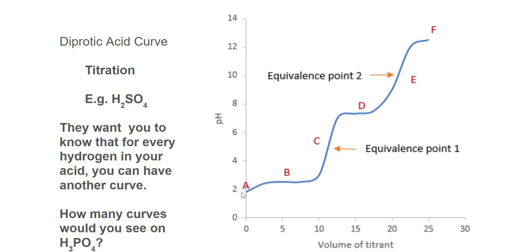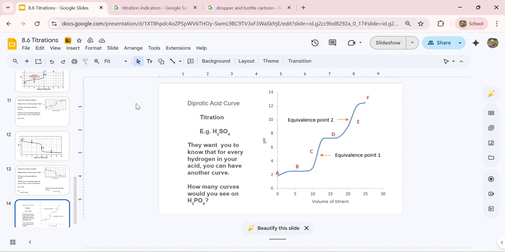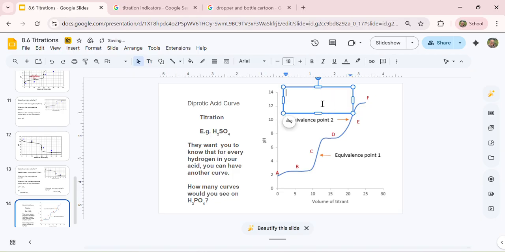The reason is that as it sheds the first set of hydrogens, you get your conjugate base. Let me see if I can type this out. I think it would be easier if I do that. So when we're at point A, it's mostly all H2SO4.